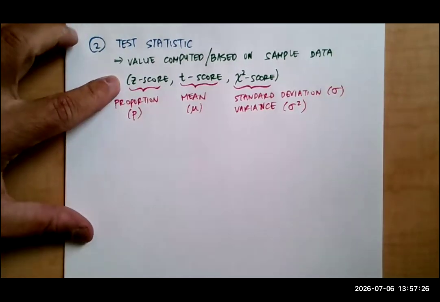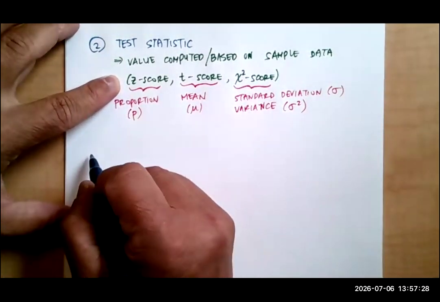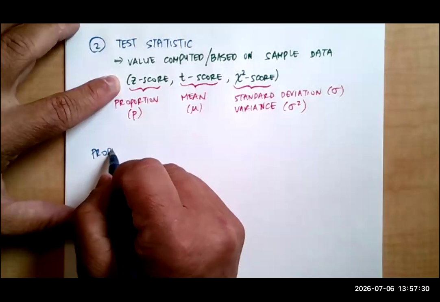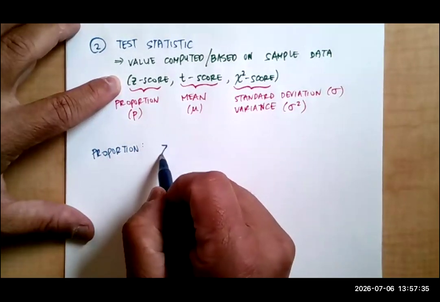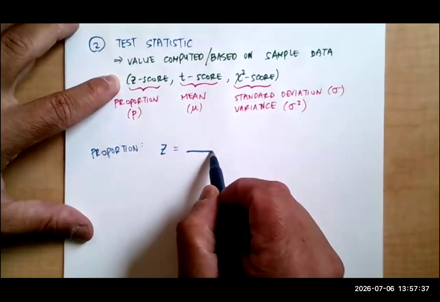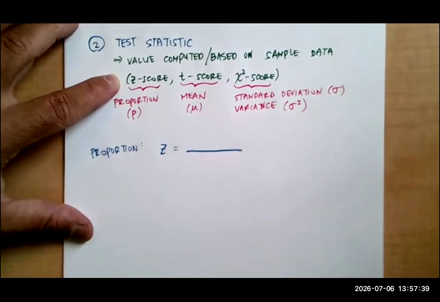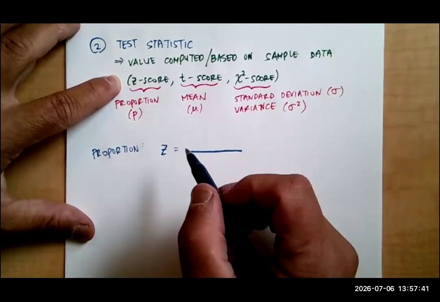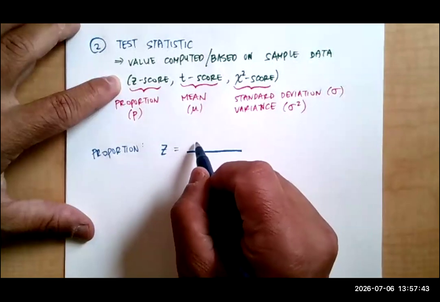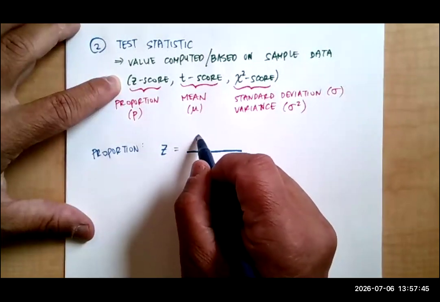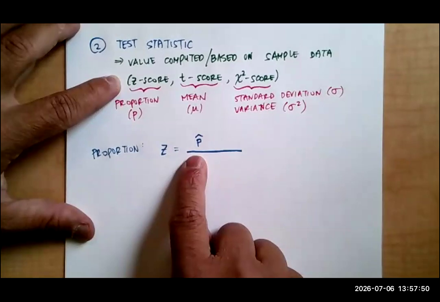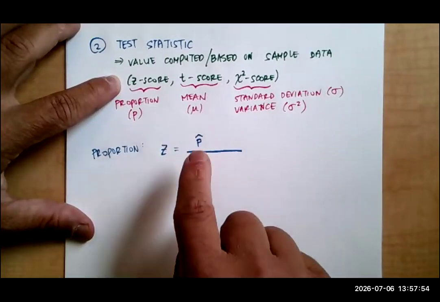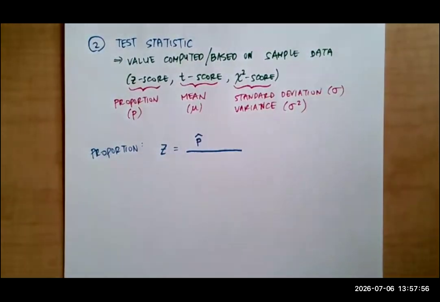And as we had, when it comes to proportion, if we're doing a test for proportions, our test statistic is a z-score. And when we calculate that z-score, we're going to take our sample proportion. So we did a sample of 50 people. Of those 50, this many successes, x over n, so on.